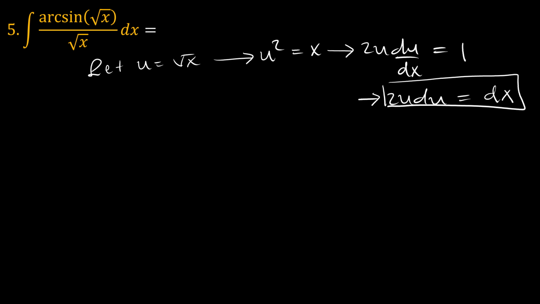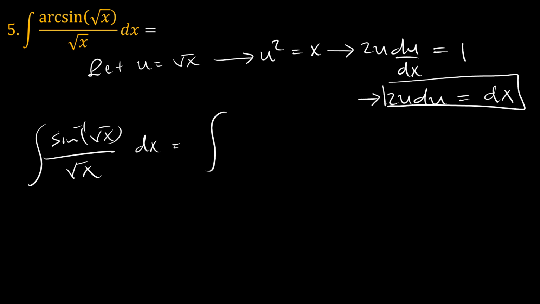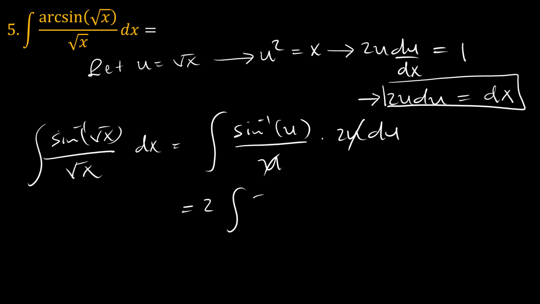Okay, so our problem, arc sine of the square root of x over the square root of x, is equal to, in place of the arc sine, we would have arc sine of u over u times 2u du. And we see that. So we have 2 integral of arc sine of u.